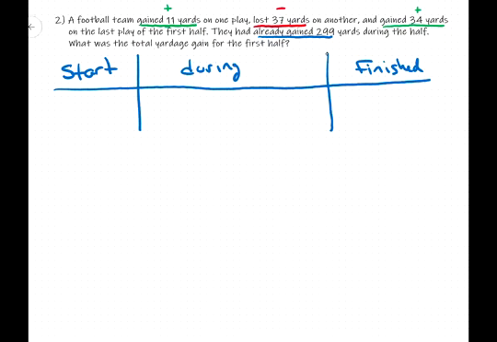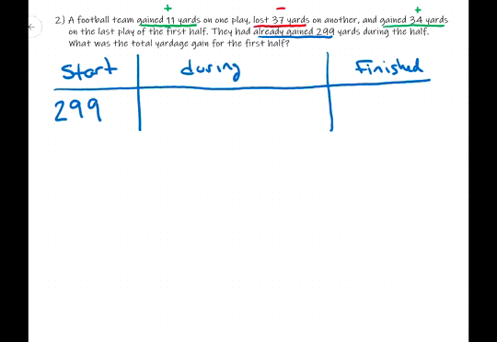So one thing I'm going to note first is that you definitely don't have to use numbers in the order they appear in the problem. I'm going to start with 299 because it says they had already gained 299. So before these 3 plays happened, they were already starting with 299 yards.